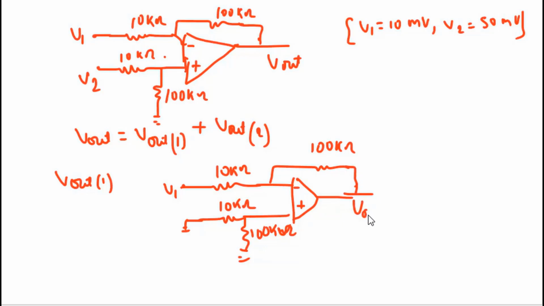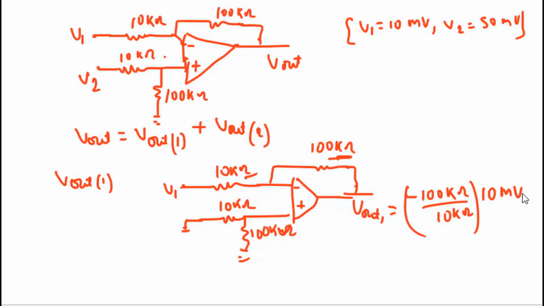So this is your Vout1. In this you can see this is an inverting amplifier, whose gain is minus R2 over R1 times V1. So this is minus 100k divided by 10k ohm times V1. V1 is 10 millivolt. So this is your output due to V1.